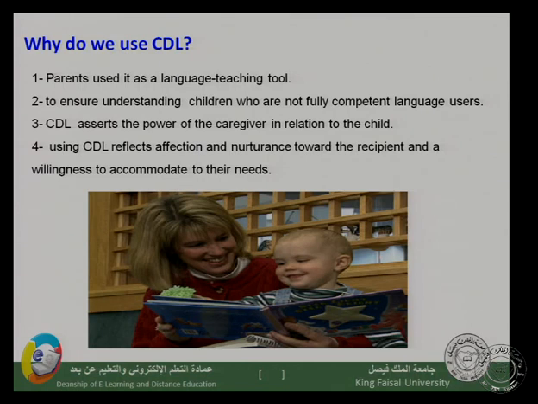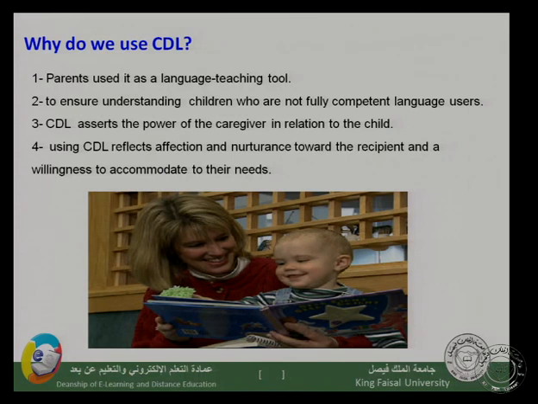So we use this language as a tool for teaching. You try to teach your child specific points, so you use this style of language, which we call child-directed language. Parents tend to use this language as a tool for educating or teaching their children.